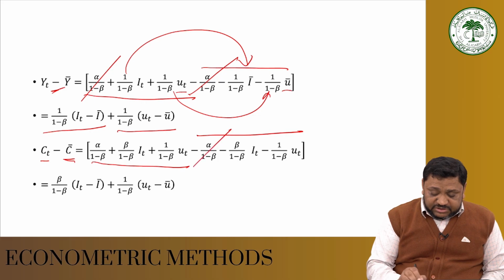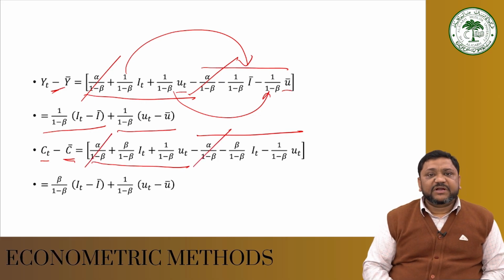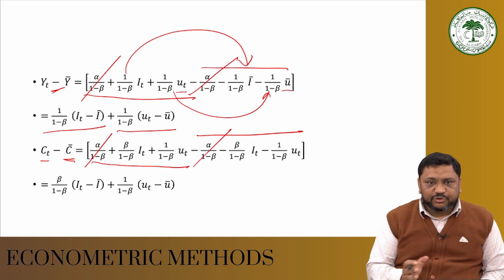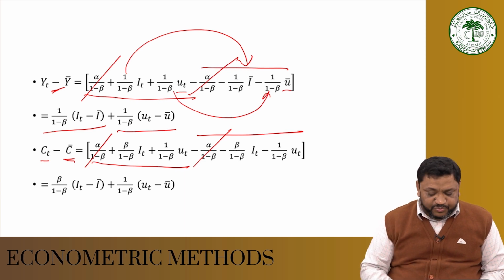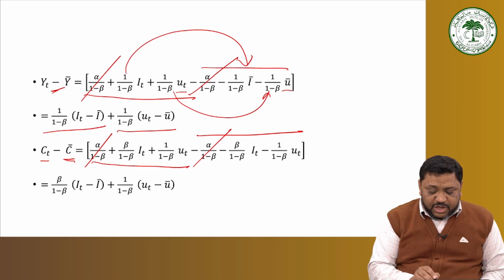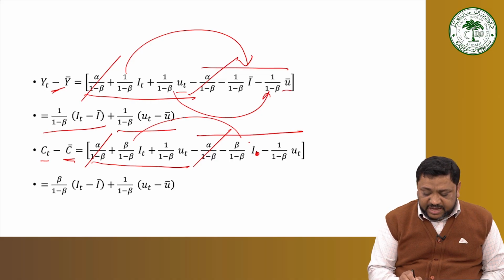Two terms, alpha (1 minus beta), are coming two times, once with a positive sign and the second time with a negative sign. So we cancel these two, then we combine it, and, excuse me, this is i bar and this one is u bar.